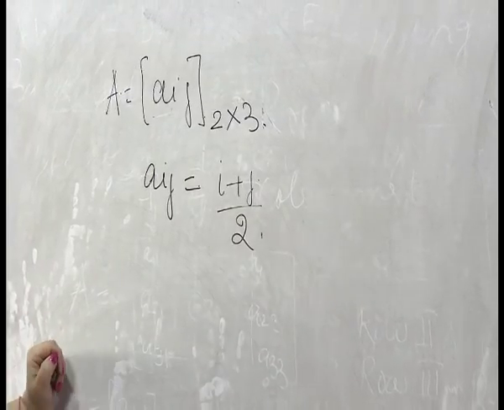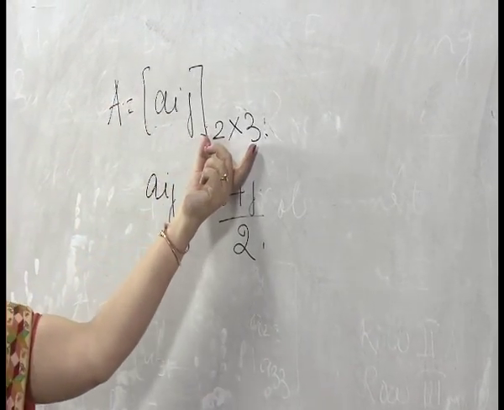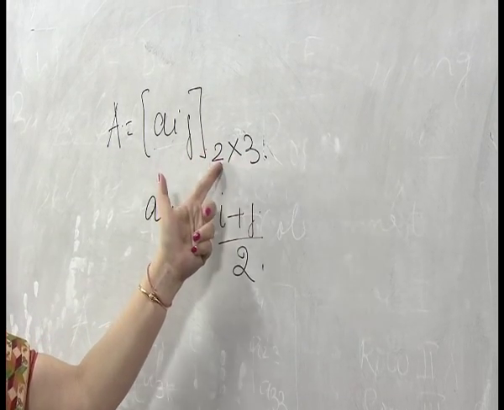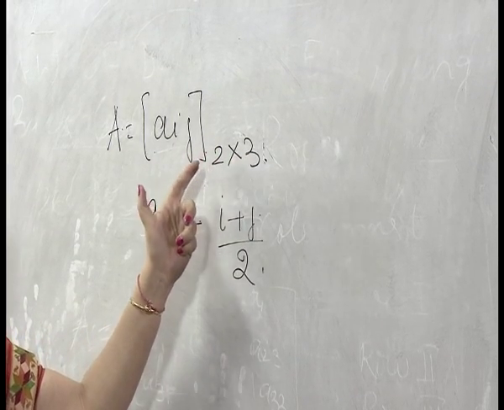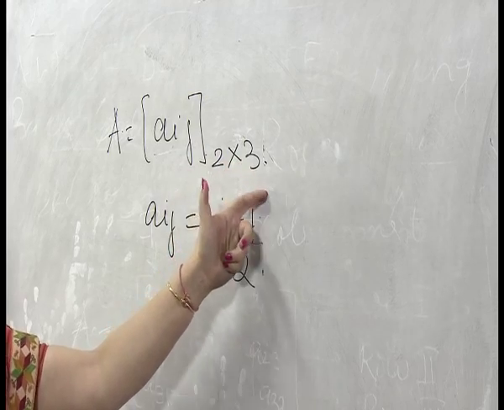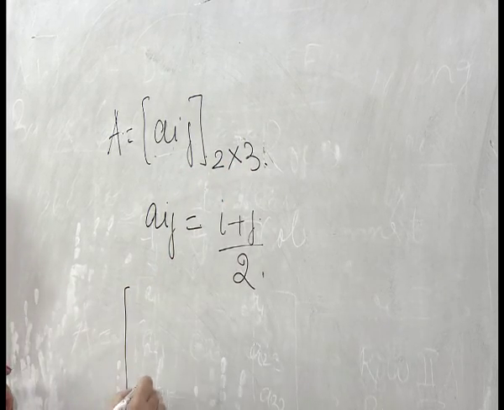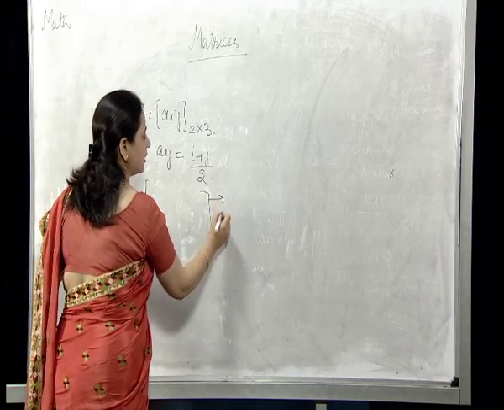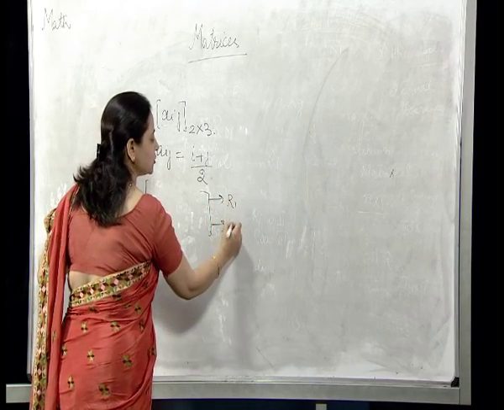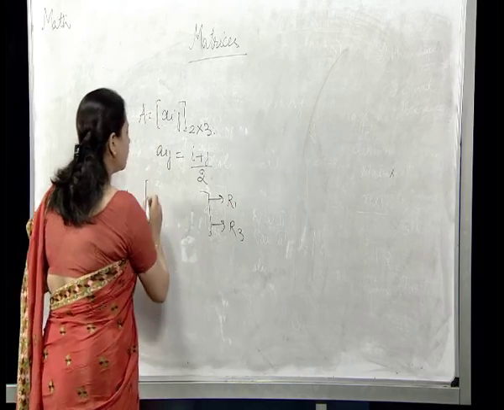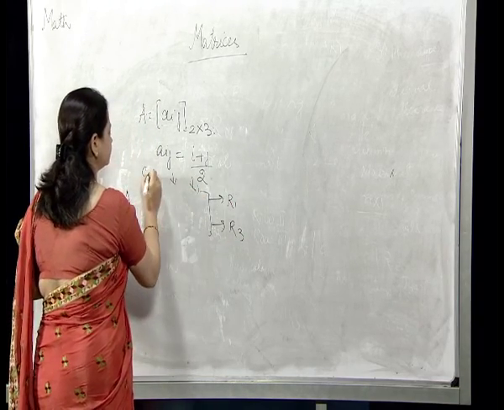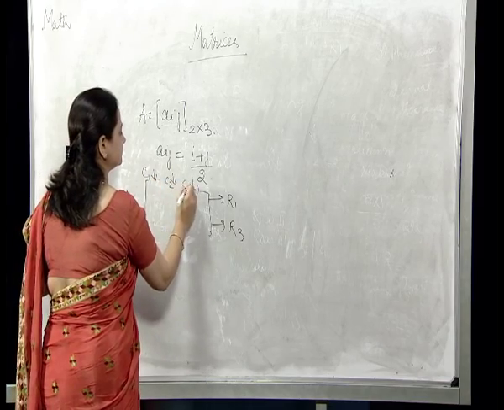The first thing is, you have to construct a matrix of order 2 by 3. What does it mean? It means it has 2 rows and 3 columns. So I will write it like this: horizontal lines are called rows and vertical lines are columns.